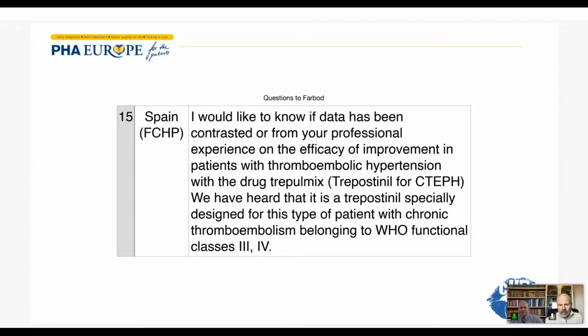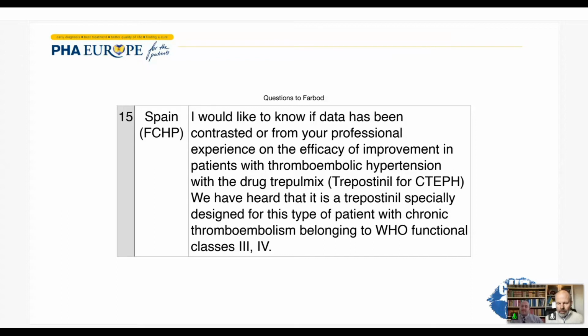Unfortunately, I'm a US-based practitioner and I personally don't have any experience with the drug Tripolmix, nor do I really know anyone who does. My understanding of this medication is that it's treprostinil, but it's specifically formulated in specific dosage levels, potentially to make it easier to use in CTEPH.